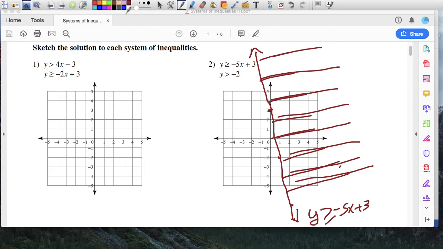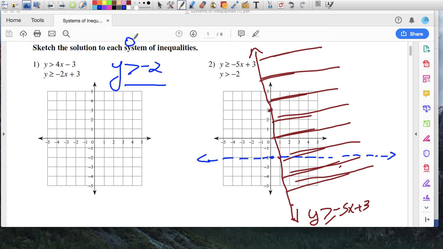The next one is y greater than -2. So let's find where y equals -2. There is no slope, so your line should be a horizontal line like this. -2 is over here. So this is going to be a dashed line. And pick 0, 0.